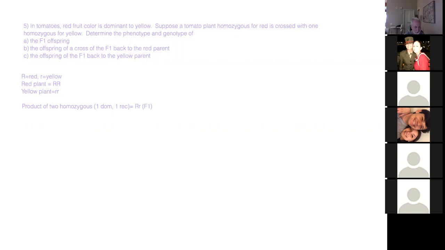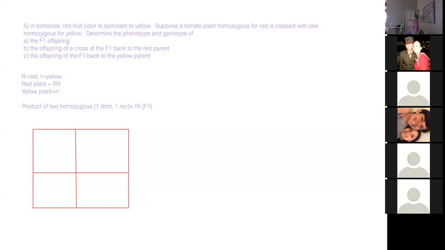So now it asks me to take that F1 and cross it back to the red parent. So now what I've got is a Punnett square where I am taking my F1 generation and I'm going to cross it back to the parent, because that's legal in the plant world and animal world, not so much in the human world.